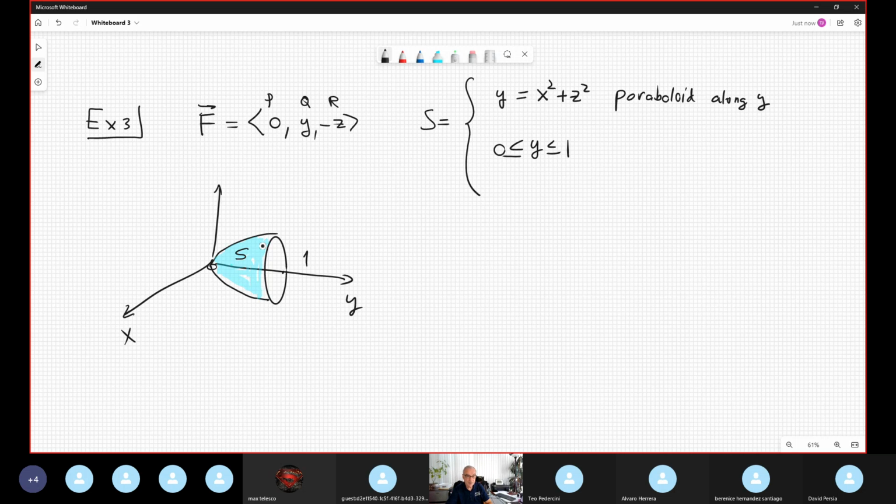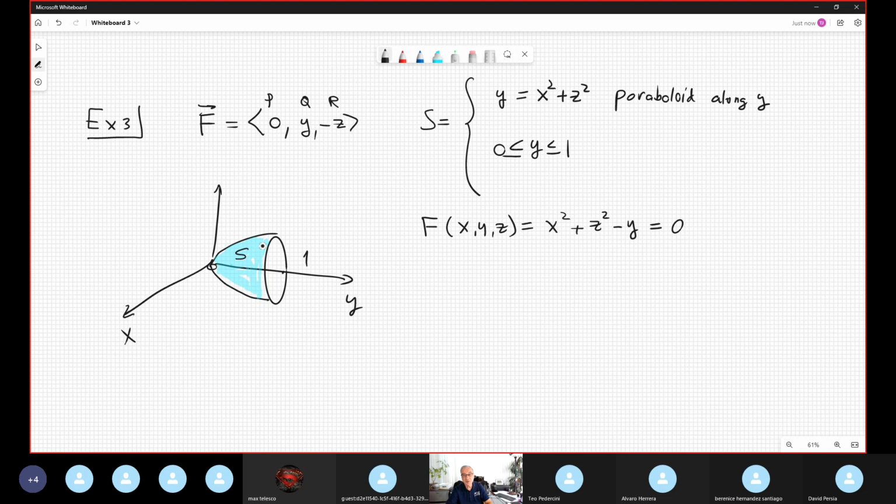Okay, so now the capital F(x, y, z). When you talk about F or capital F, it's about the surface. So don't confuse this F. This is not a vector, it's just the surface. It is x squared plus z squared minus y equal to 0.